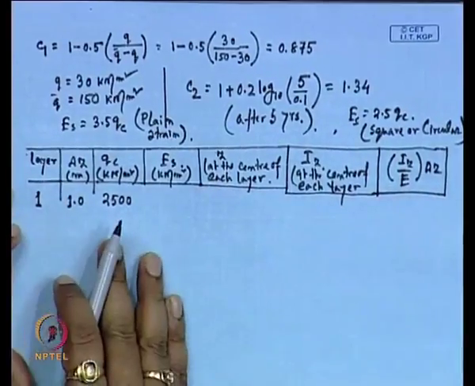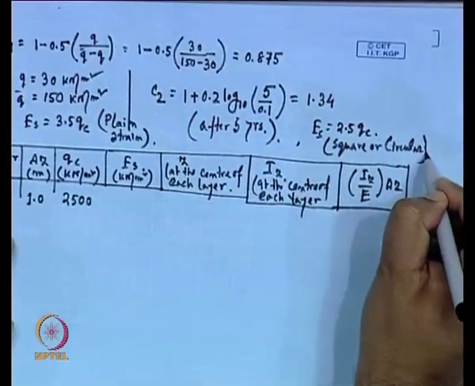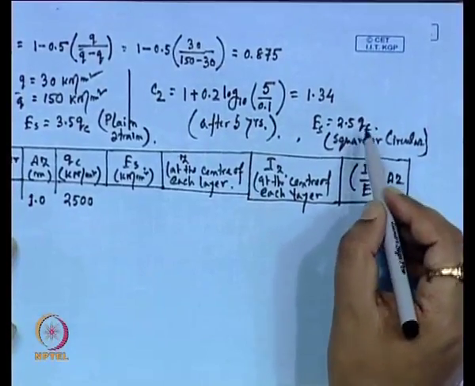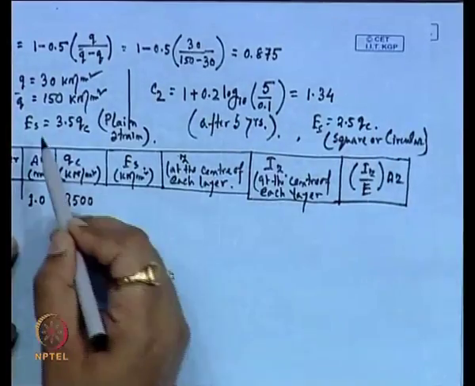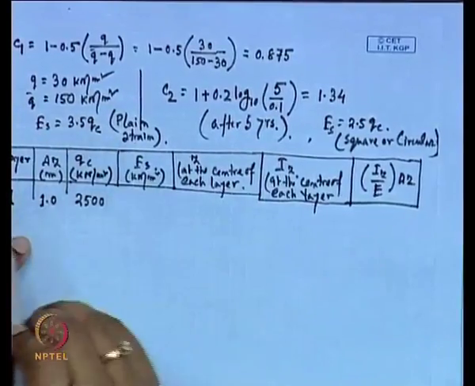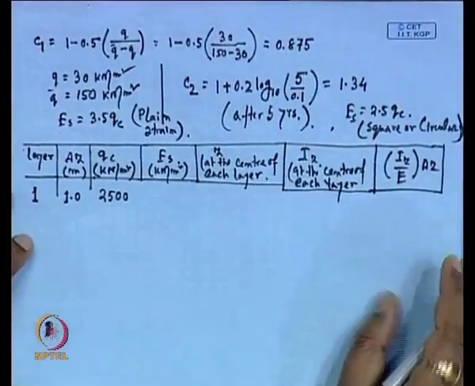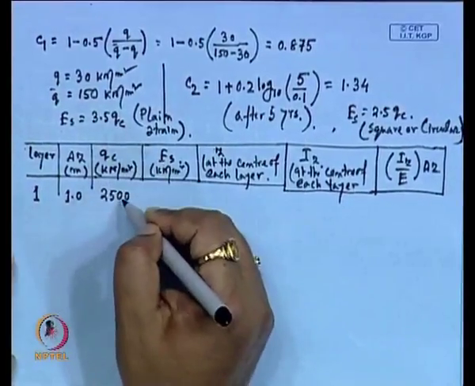So, here the recommendation is 2.5 Q c for the square and circular, and 3.5 into Q c for the plane strain. Here this is for the plane strain, so we will use this 3.5 into Q c.